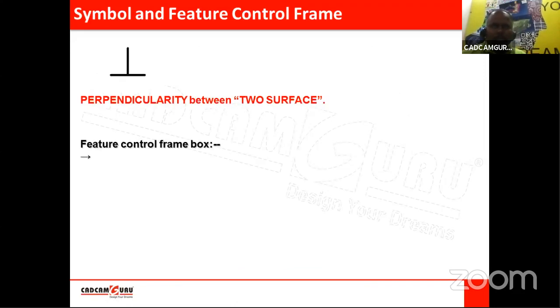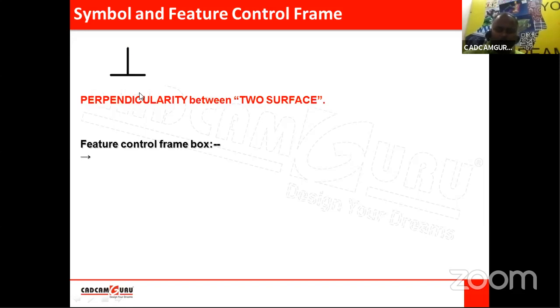So again we will discuss perpendicularity, feature control frame. The symbol for perpendicularity is one simple horizontal line and a perpendicular, vertical line.